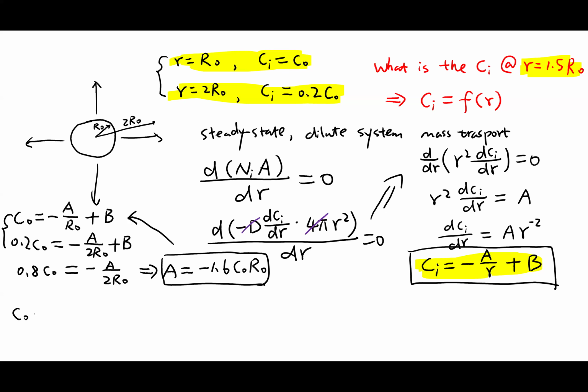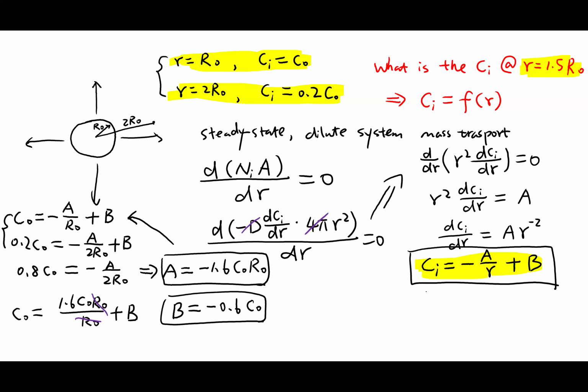So you got C naught equal to, so negative and negative canceled, 1.6 C naught R naught over R naught plus B. The R naught and R naught cancel, so you got B equal to 1 minus 1.6, which is negative 0.6 C naught. That's B.